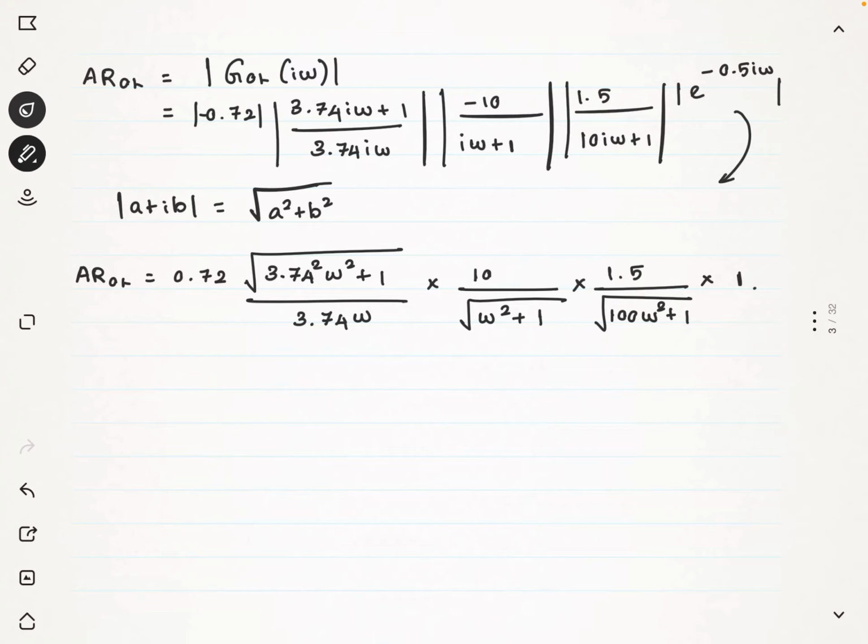So if I expand this, e power minus I theta is equal to cos theta minus I sin theta.